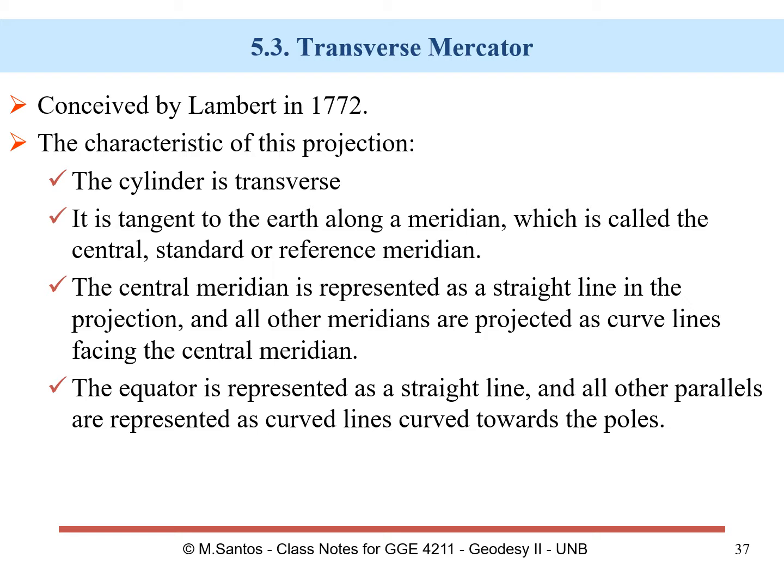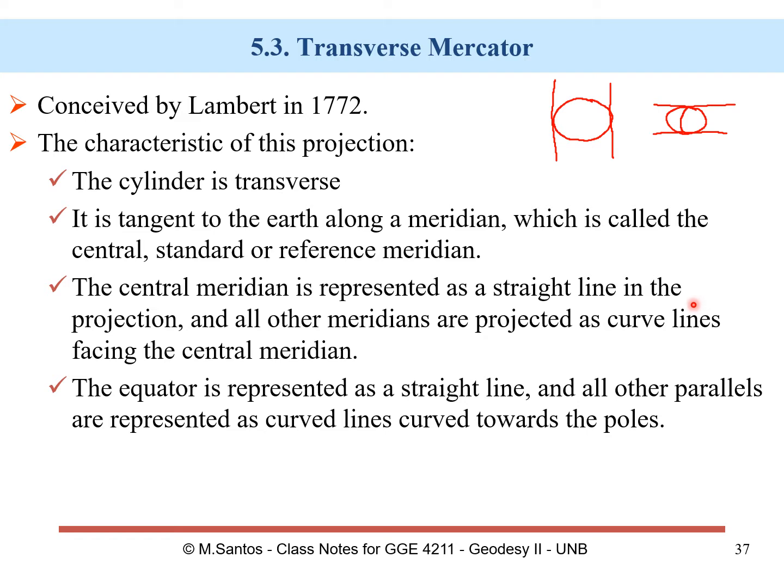So this is what we have here. This is the Earth. This is Mercator. This is Transverse Mercator. Now it is tangent along a meridian. So this meridian, called the central meridian or the standard meridian or reference meridian, is represented as a straight line in the projection.